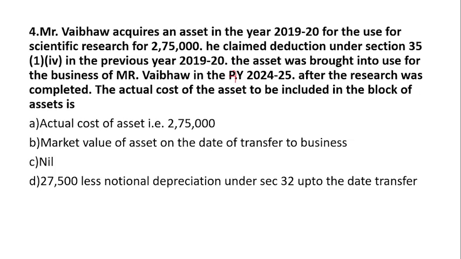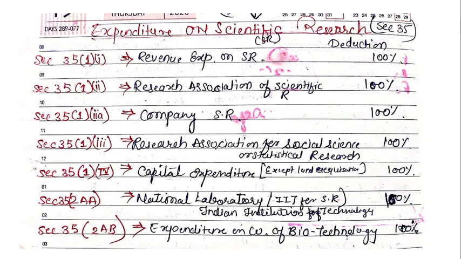So what is the question? Mr. Weber acquired an asset in the year 2019 for the use of scientific research. In that case he is investing in scientific research. He bought some asset for scientific research, and expenditure on scientific research comes under Section 35.